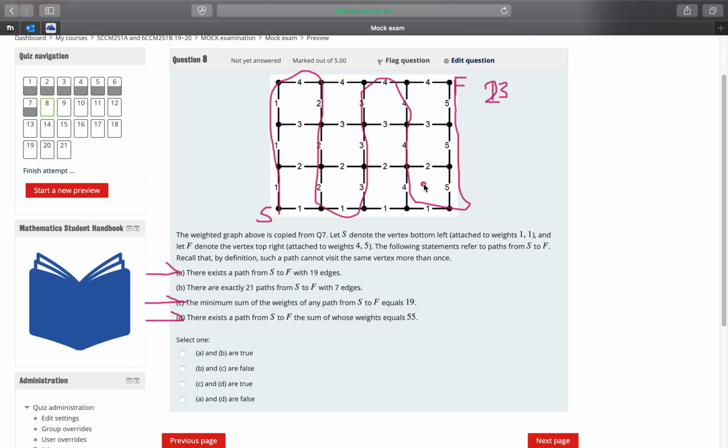And then 4 fours are 16, that becomes 39. And then we're left with 40, 55. So we do get to 55.